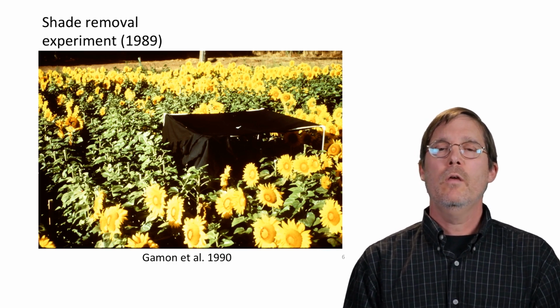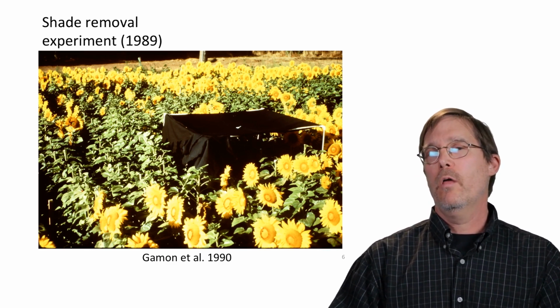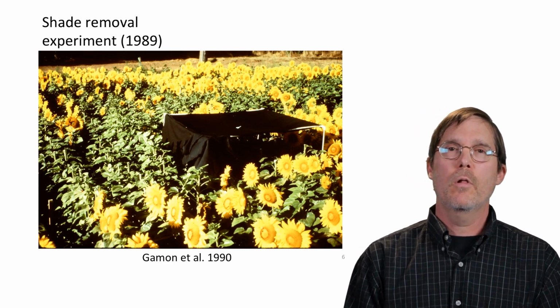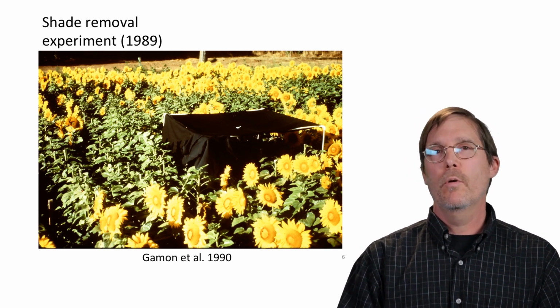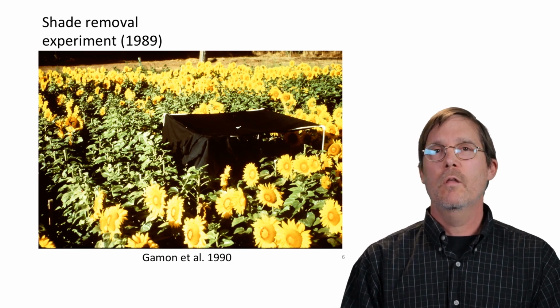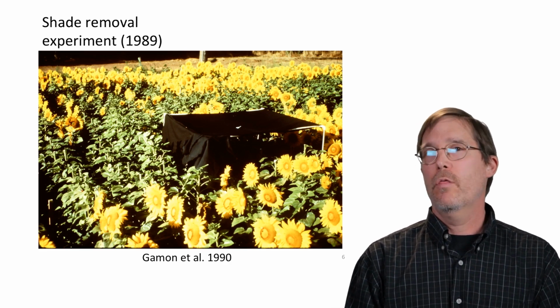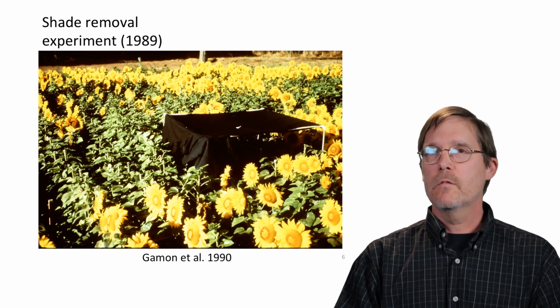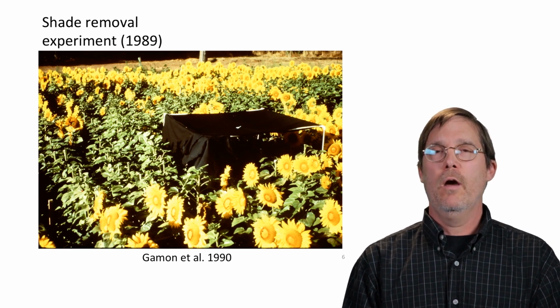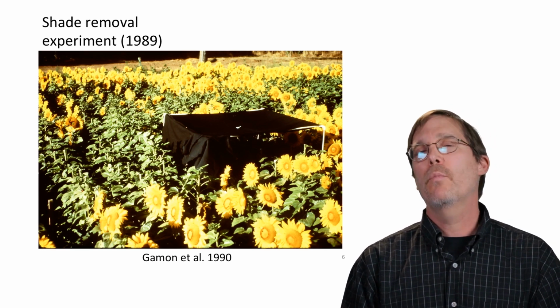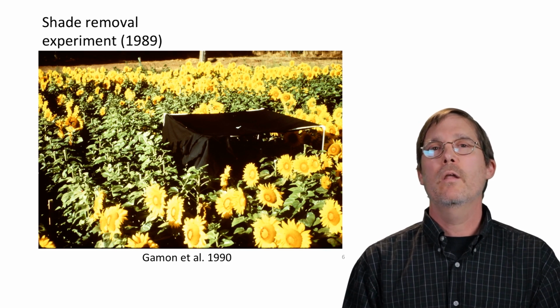Just like the old trick where a waiter pulls a tablecloth out from under a bunch of plates, the idea here is to shade the canopy with a black cloth and then suddenly pull that cloth out and abruptly expose the canopy to full sunlight at midday.